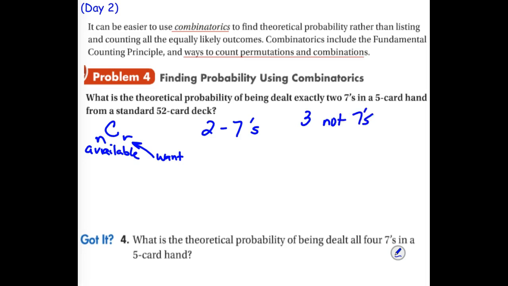And for both of those 2 things to occur together, to have 2 sevens and 3 something else, we're going to be multiplying. Okay? When we talk about probability, we're always looking at the denominator being the total sample space, right? Okay? So we're going to be dividing by the total number of 5-card hands.